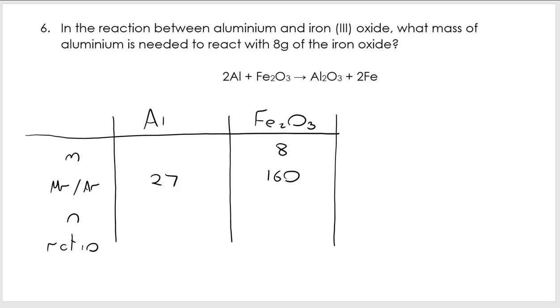Because I've got the 8 and the 160, I can work out that I've got 0.05 moles of Fe2O3, and my mole ratio here is 1 to 2. 1 Fe2O3 reacts with 2 Al. That means on a 1 to 2 ratio that I've got 0.1 moles of aluminium. Because I've now got my N and my Ar, I multiply those together and I get 2.7 grams.